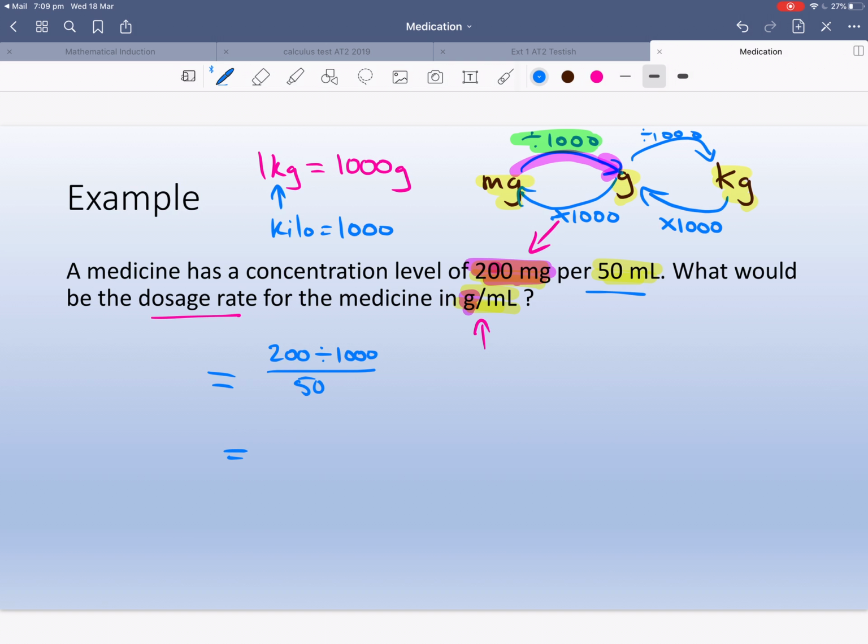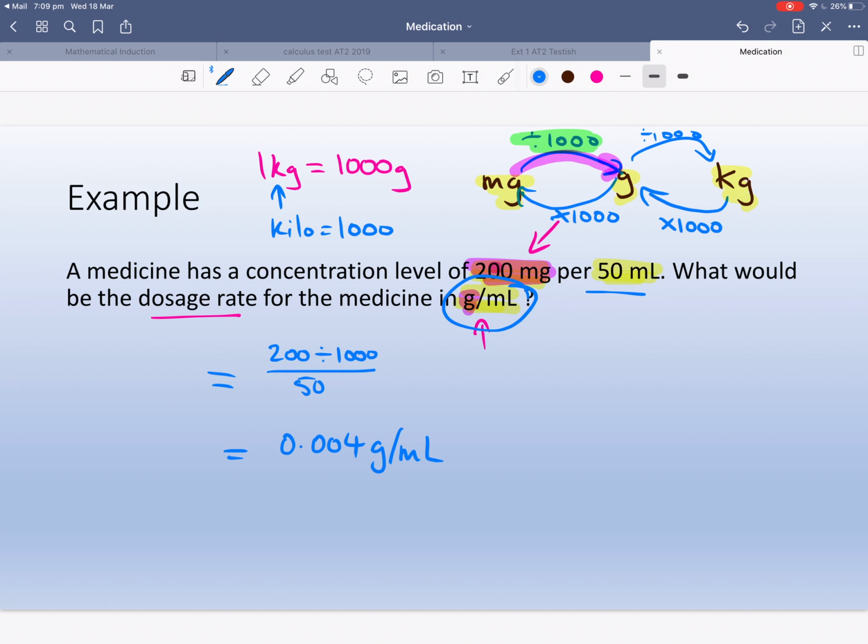So we're going to pop that in our calculator. Your calculator will handle that no problem. So I'm going to go 200 divided by 1,000 over 50. And I get the answer of 0.004, and the units are grams per milliliter.